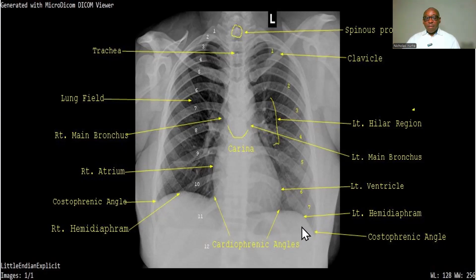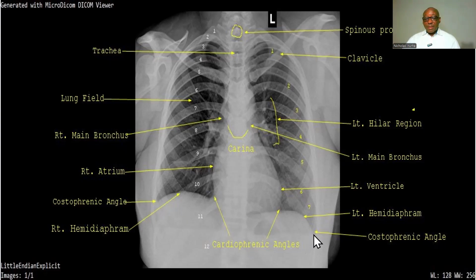And if we go further, we have the costophrenic angle. The costophrenic angle is where the lung meets the rib or the chest wall, and it's usually very acute. It's about 30 degrees. That is the acuteness of the costophrenic angle, which is sharp and well defined on both sides.